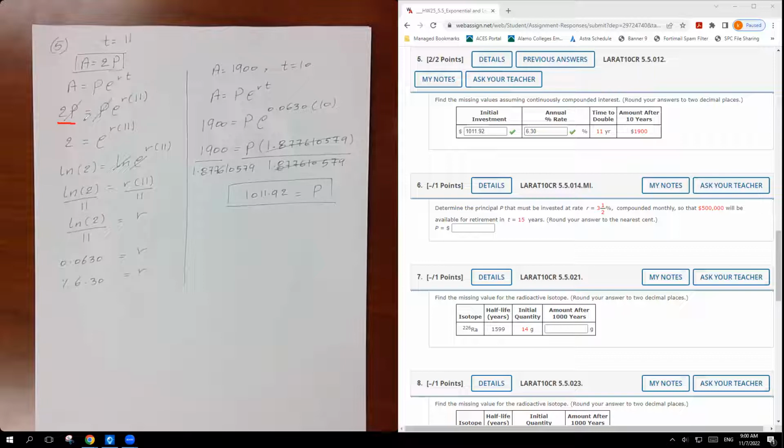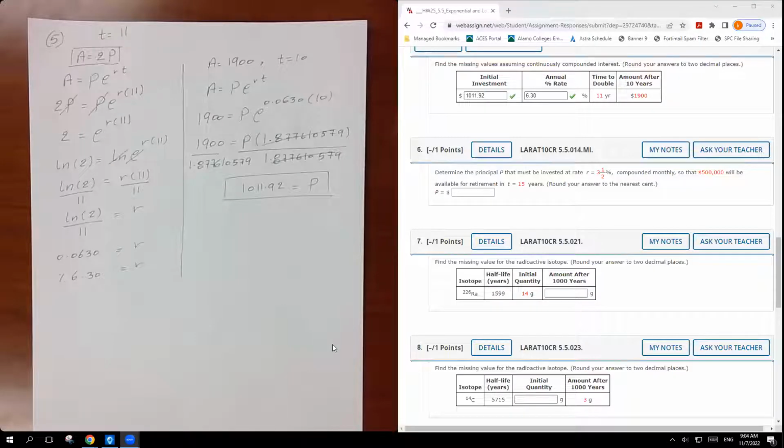Then in this case, you're going to divide both sides by P, cancel P from both sides, and keep going with the same process to find your rate of interest. Go ahead now, use the rate of interest, and you have the time and the amount after 10 years, you're going to find the initial. That's it for this example.